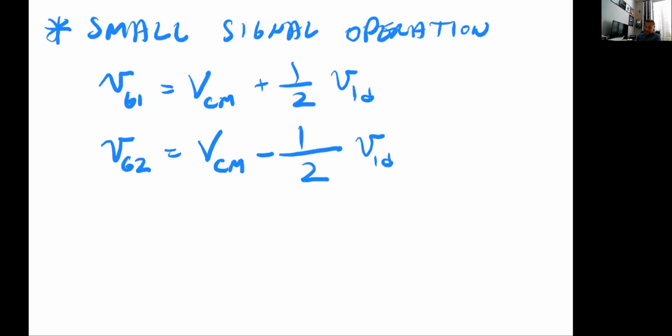Now remember what GM is. Remember what the transconductance is. That is 2 times the drain current divided by the overdrive voltage.